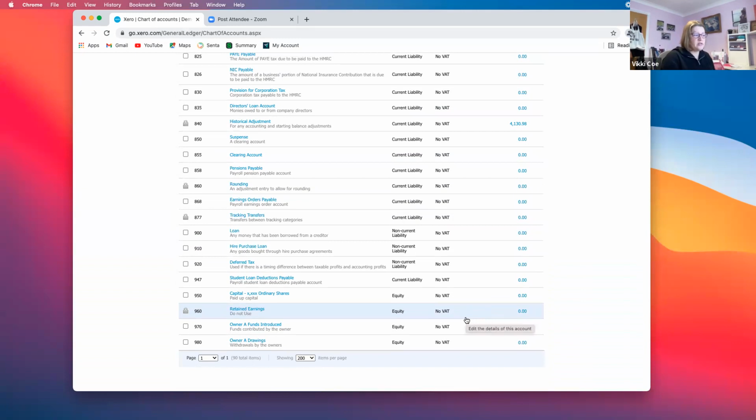If you post something incorrectly, for example an expense goes to an asset account, then it will be in the wrong place on the statutory accounts and therefore will have an impact on your corporation tax at year end, because things that are in the balance sheet have no impact on your corporation tax. It's only things that are posted into the profit and loss account that have the impact.